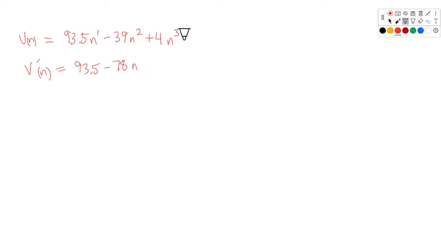And then the last one, 3 times 4, will give us 12n squared. So that's our derivative, right? Let's call it derivative. So what do we do with this? Set it equal to 0. So the derivative, we're going to set it equal to 0.